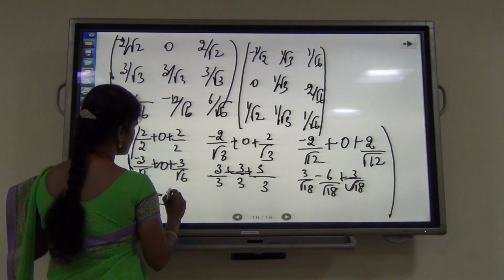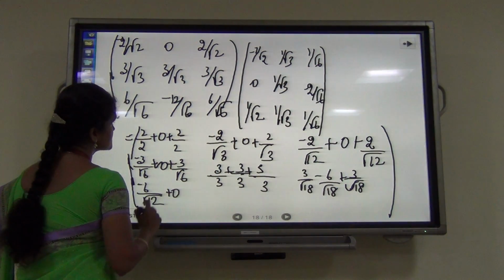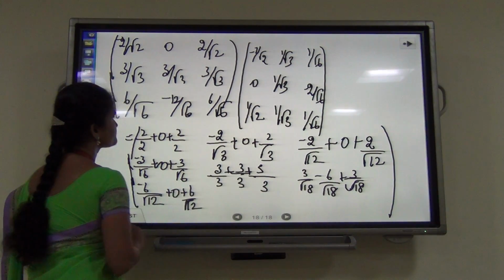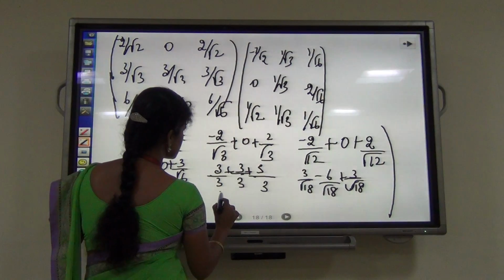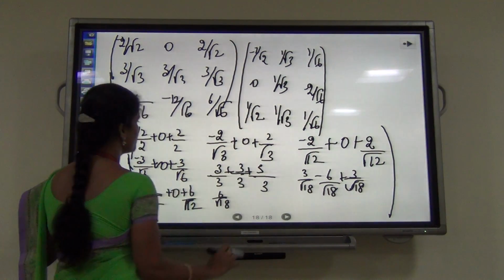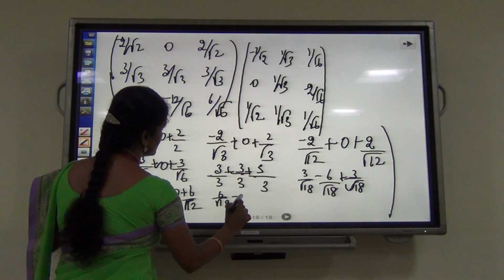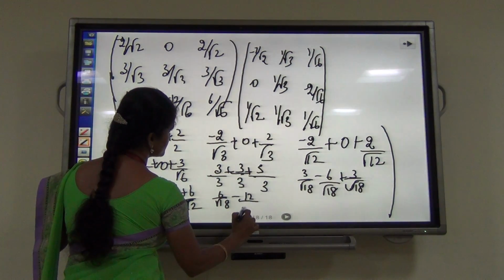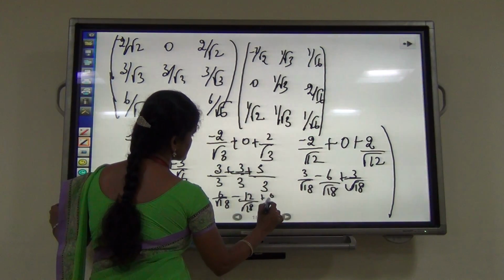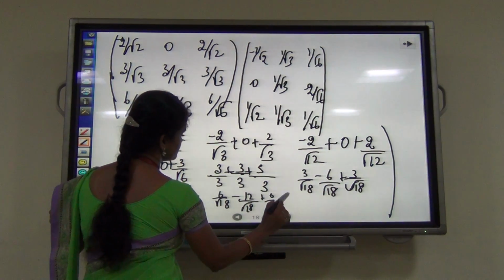And plus 0 plus 6 by root 12. And here 6 by root 18, 6 by root 18 minus 12 by root 18, yes, 6 by root 18.